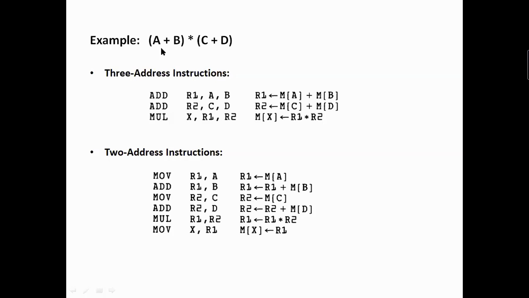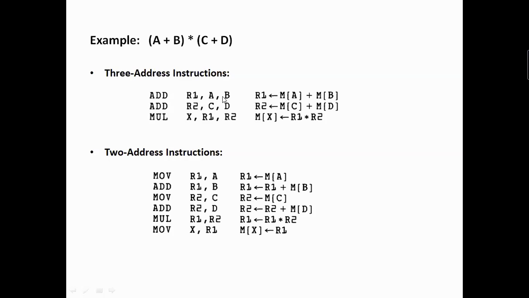So we have to go to the memory at A position, and there we will find one of the operands. Then that is to be added to this second operand. The answer is to be stored in R1. So for doing this, this instruction will be executed: ADD R1, A, B.